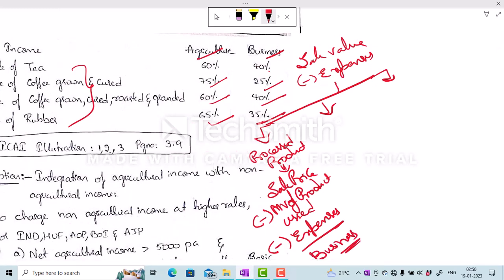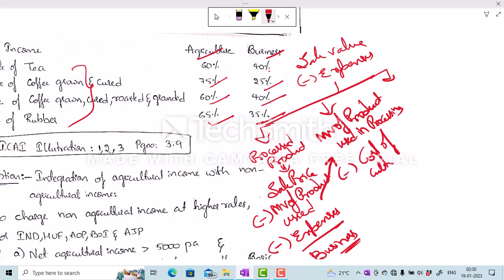The other thing is the market value of product used in processing minus cost of cultivation. This will be agriculture income.